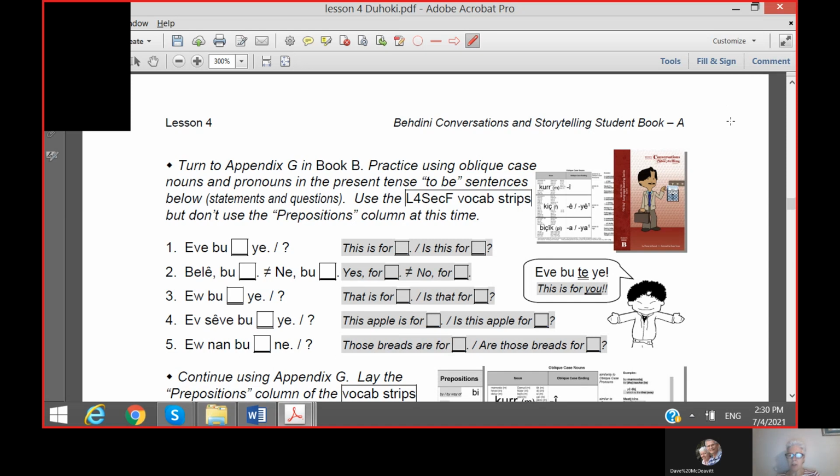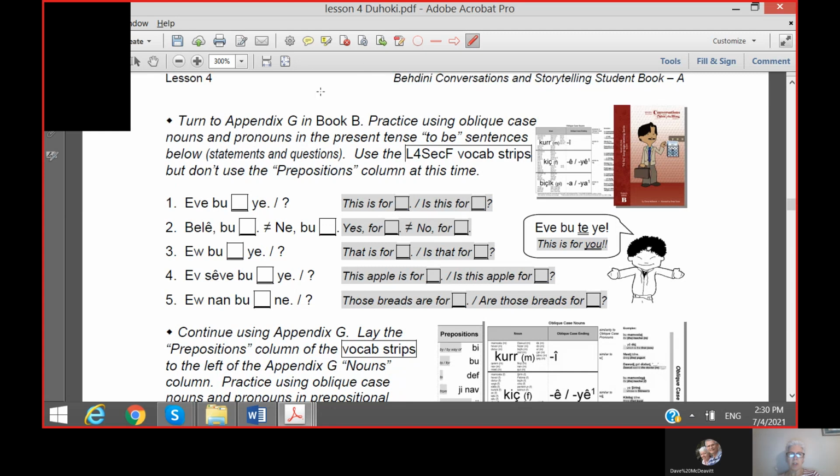On the next page, page 78, again, you're going to turn to Appendix G in Book B. Practice using oblique case nouns and pronouns in the present tense to be sentences below these. And your vocabulary strips are already attached to your appendix if you bought a hard printed book from me.